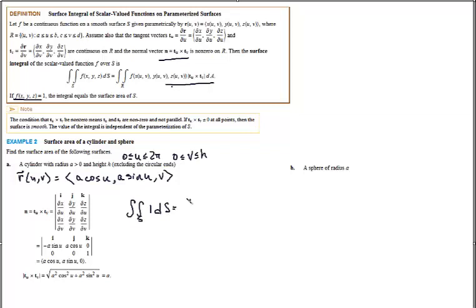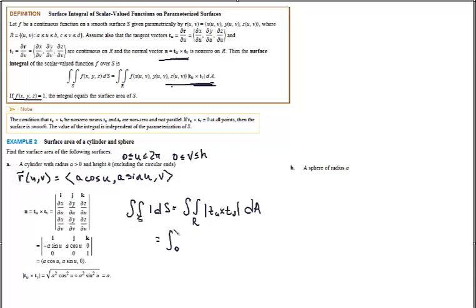In our case, we're in rectangular coordinates. This is going to be the magnitude of this guy right here, and I'll go ahead and write it as the magnitude of du cross dv, and integrate that with respect to area.